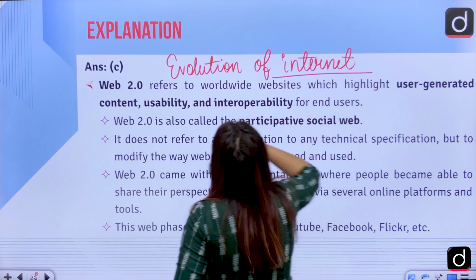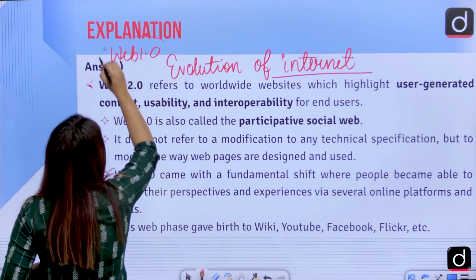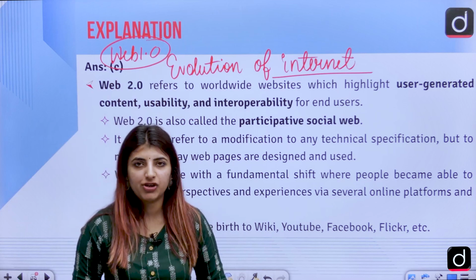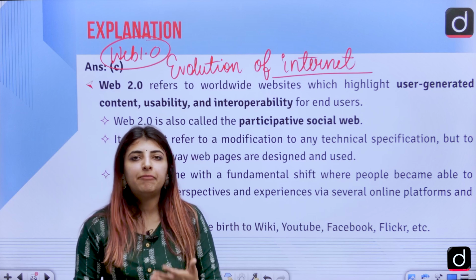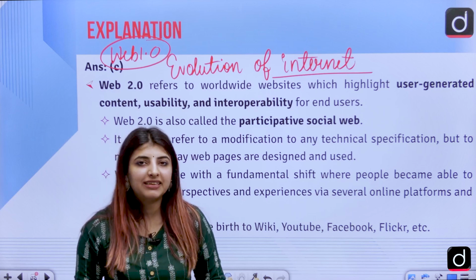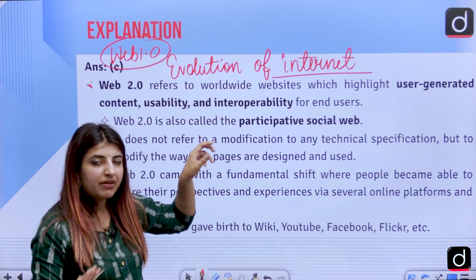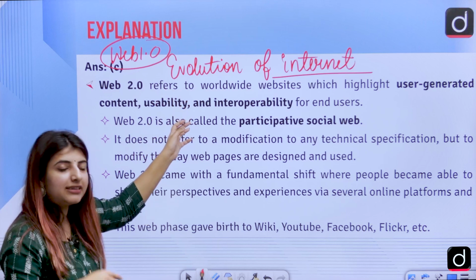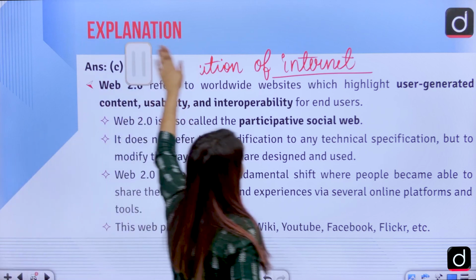Web 1.0 was just related to static web pages, where information was provided, for example platforms like MySpace, LiveSpace. The things which were there were static and redundant. If we talk about how after that the web pages all developed, Web 2.0 came into the picture.